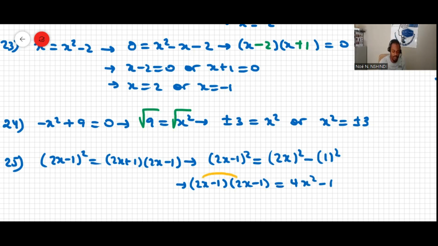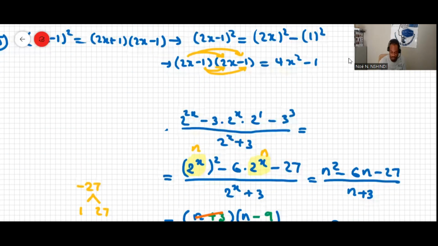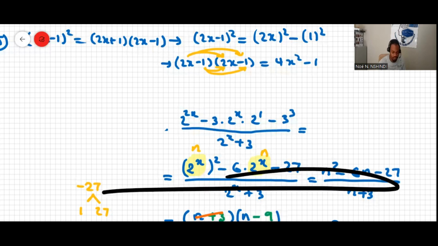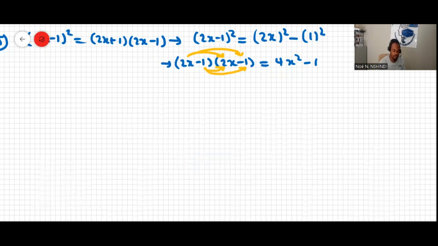Now we can do 2x times that, 2x times that. And then this will be 4x squared minus 2x, 2x minus 2x plus 1 equal to 4x squared minus 1. Now we can simplify. If we have some quantity on both sides of the equation, we can cross them out, like 4x squared and 4x squared.